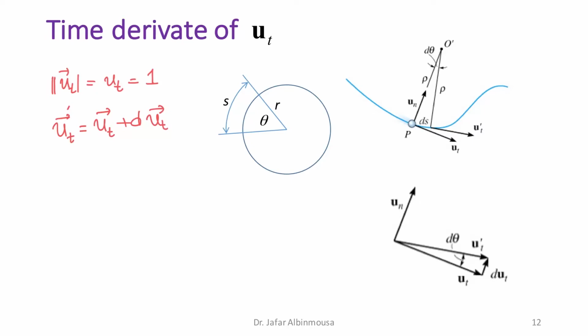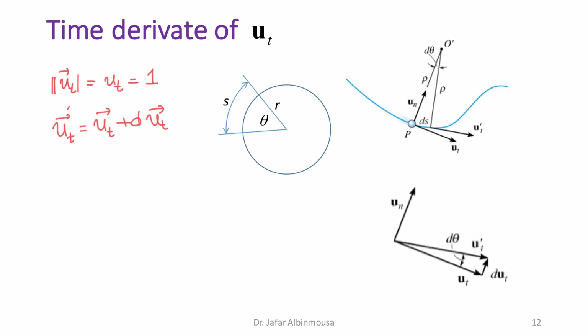So, to look at what we did, we said that this unit vector is equal to this vector plus this. This is how we add vectors.